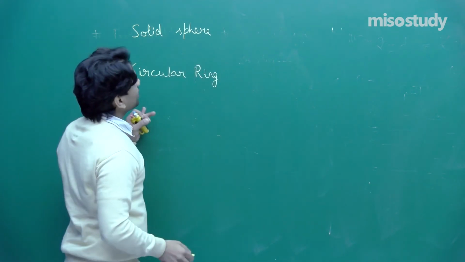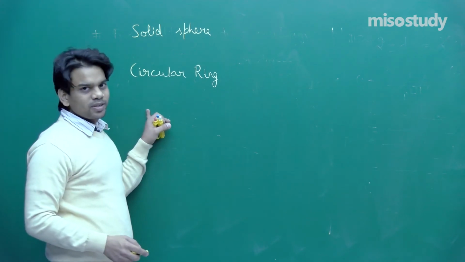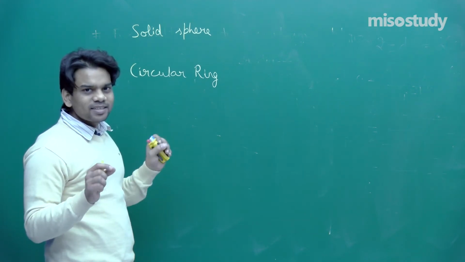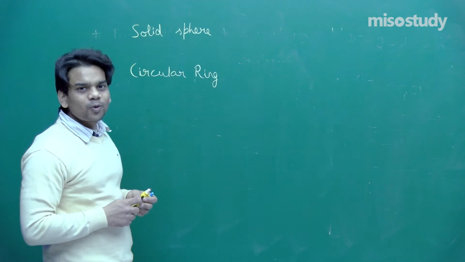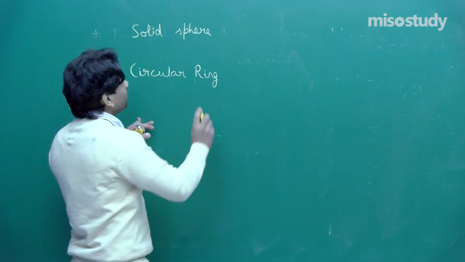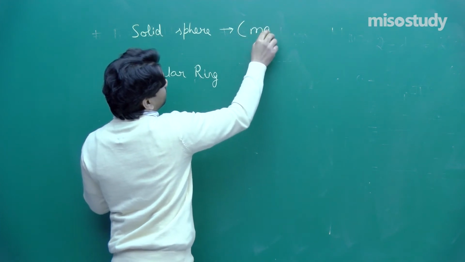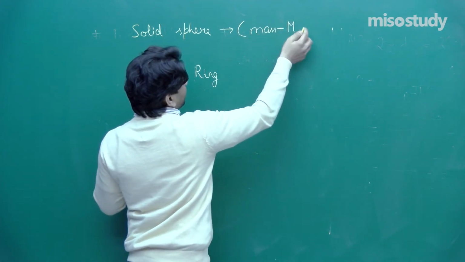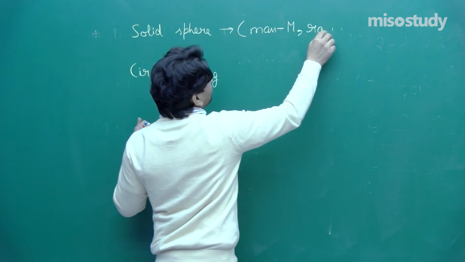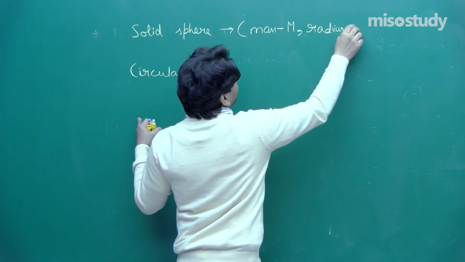Now the ring is placed over the solid sphere and both centers are lying at a distance of root 3 capital R. So what I mean to say, solid sphere, its mass is given as capital M, its radius is given as capital R.